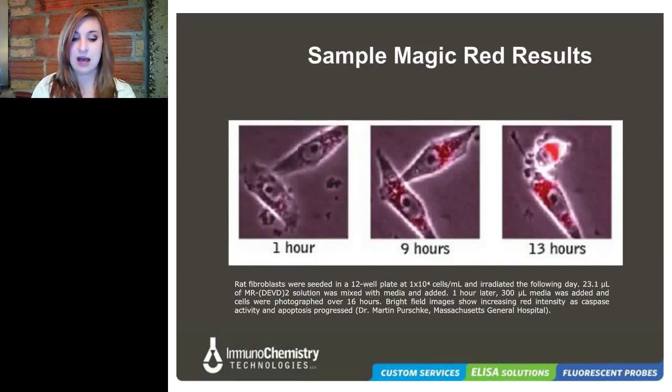The red fluorescence becomes brighter as caspase activity and apoptosis progressed over the time period of the experiment. If you're interested in this type of time-lapse progression, we have a video of this same data on our website, so you can watch those cells get brighter and brighter as they undergo apoptosis.